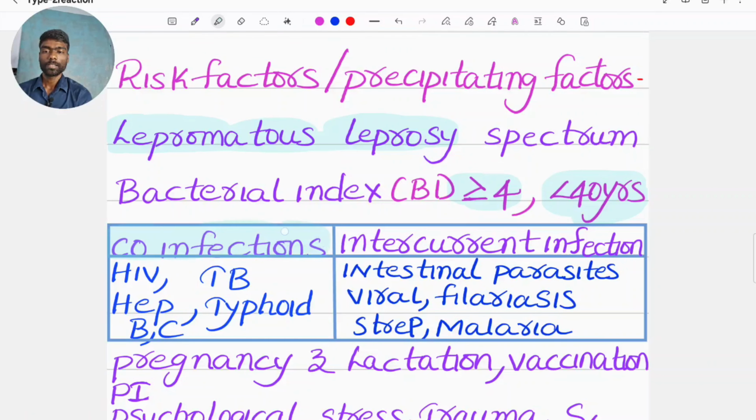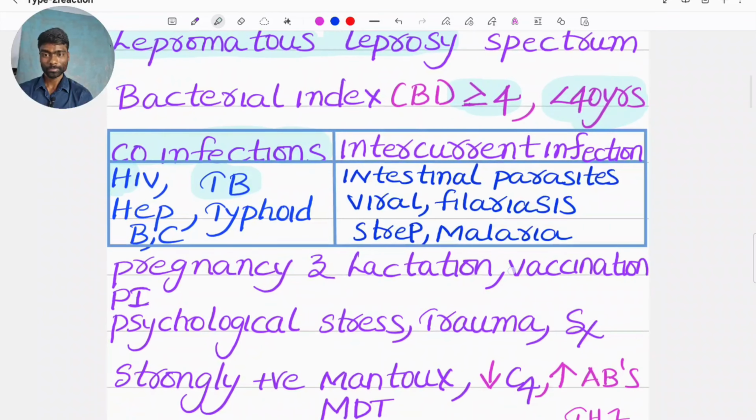Co-infections like HIV and TB. Co-infection means two diseases occurring simultaneously, one influencing the other and worsening it. Like in HIV and TB, immunity reduces and the other disease may worsen. Hepatitis B, C, typhoid.